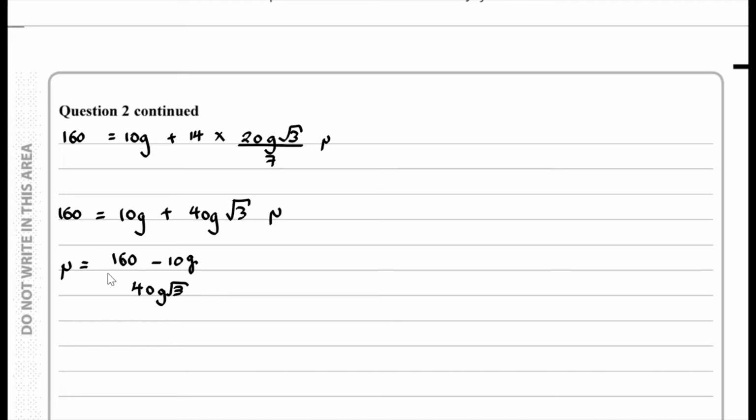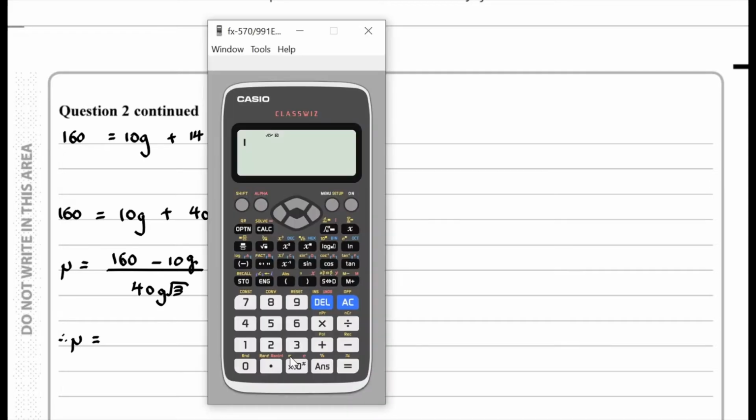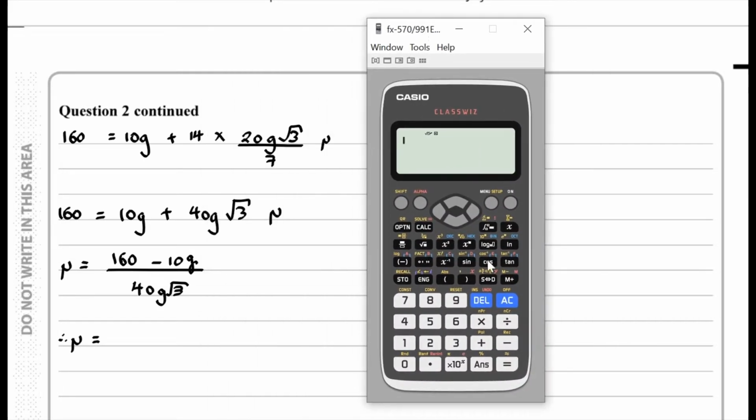Okay, so if we work out what the value of mu is, if we grab our calculator, we have 160 minus 10 times 9.8 over 40 times 9.8 times root 3. You'd find we get a value of 0.09131, etc.